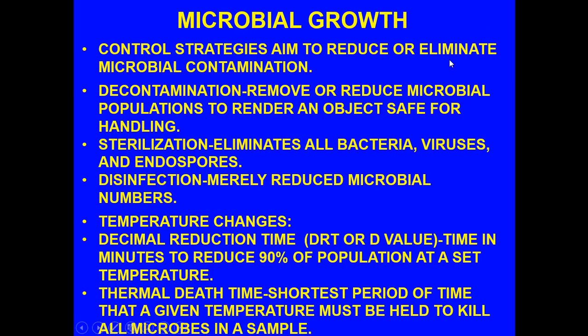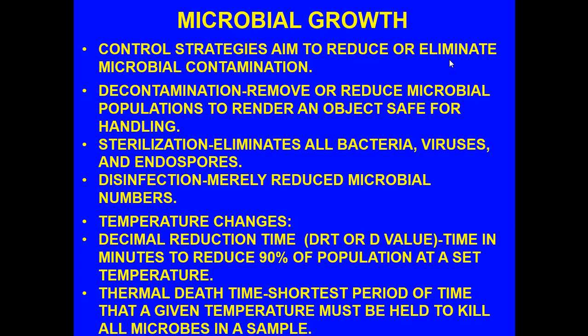Now, we've gotten to the point where we can identify the cell types and understand the cell density. What would these tools be used for? How about determinations for decontamination, sterilization, disinfection?